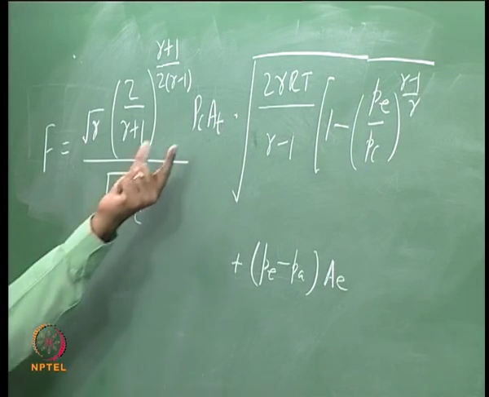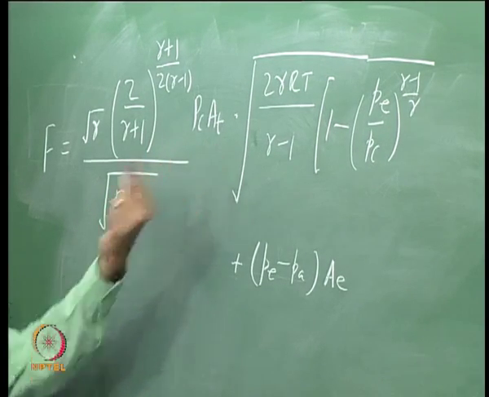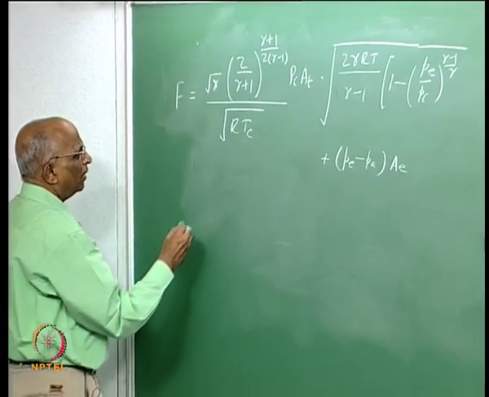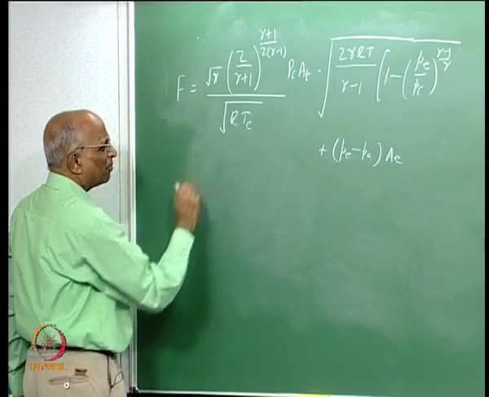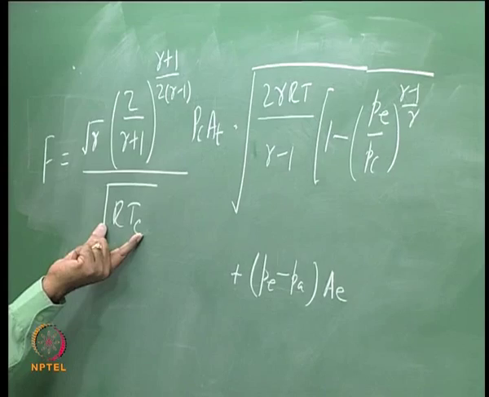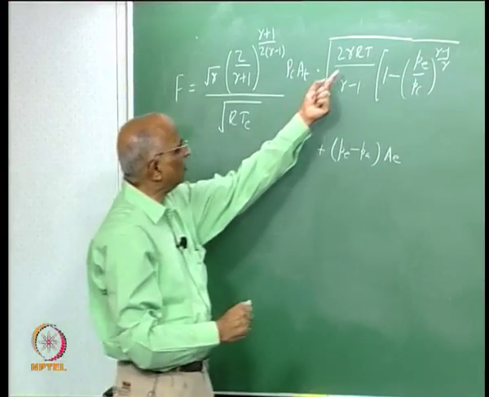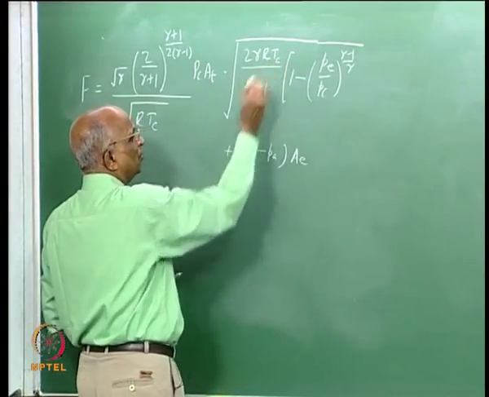Therefore, now if I take Pc At outside and I simplify this whole expression, can I cut off some numbers? I get RTc over here, and this was equal to 2R, chamber temperature Tc over here.